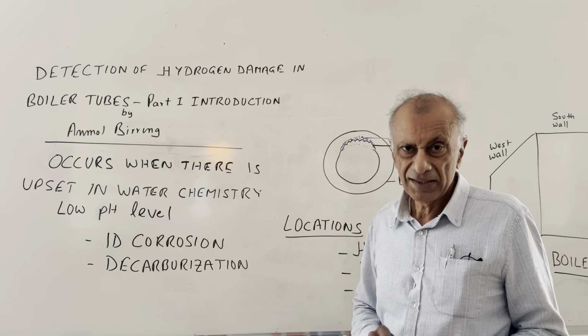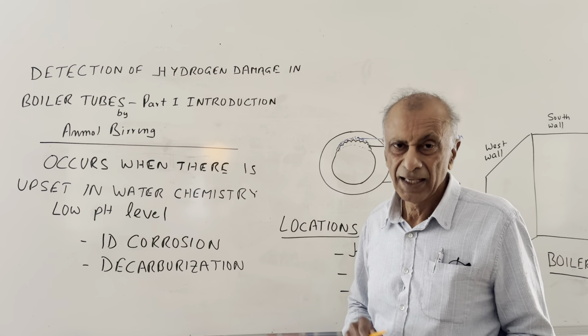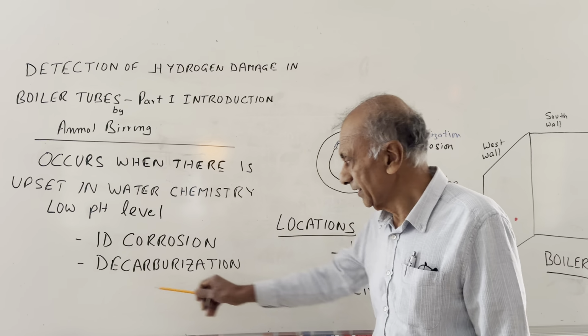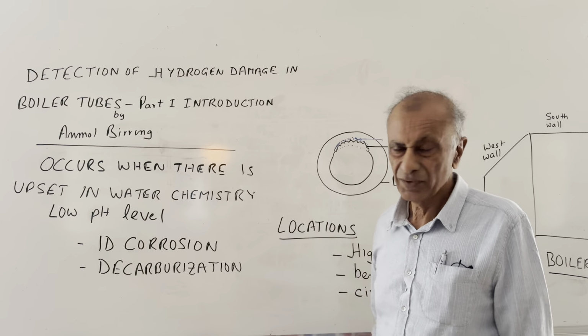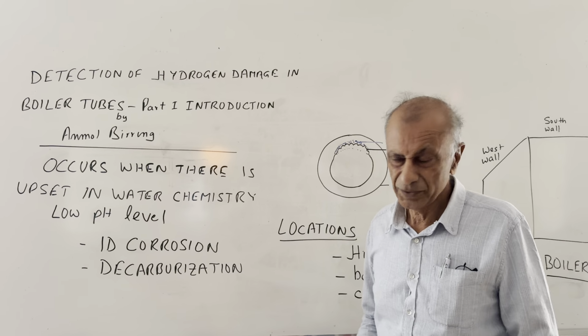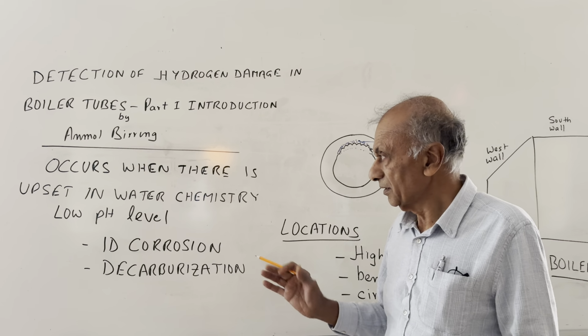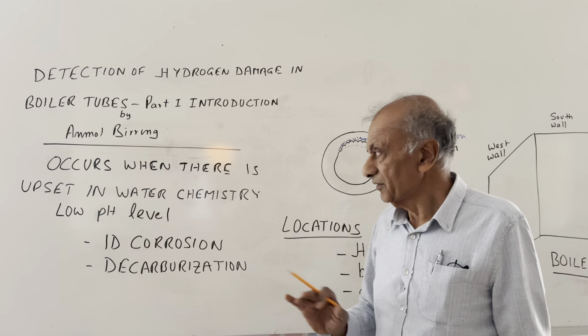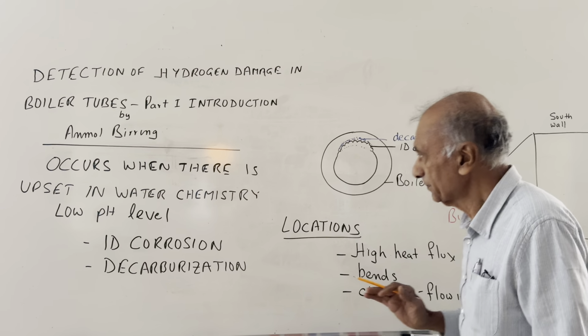It actually results in ID corrosion of the boiler tubes, and then it also results in decarbonization. And when this gets extensive, then it will lead to a failure of the boiler tubes. So again, under normal operating conditions, it should not happen.